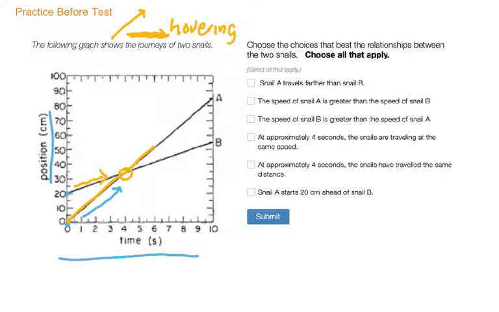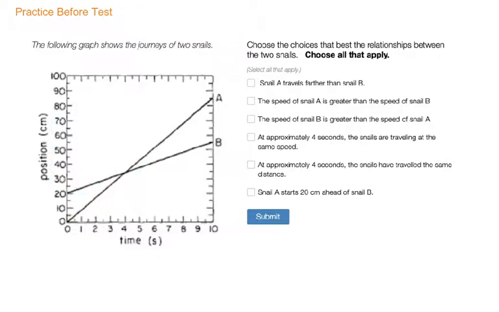It's not moving, it's just stationary, but time still ticks. And the steeper your line, the faster you're going. Now that we've done that, I'm going to stop the video, erase everything, and then we'll look at the relationships that we need to apply.